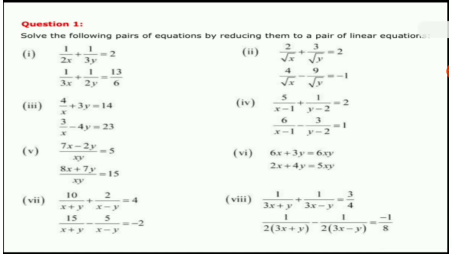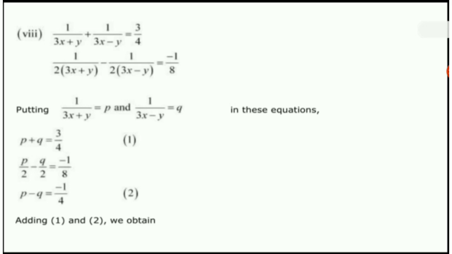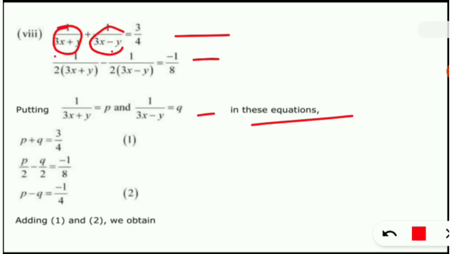Now see, these are the equations. Putting 1 by (3x plus y) equal to p and 1 by (3x minus y) equal to q in the first equation, this value is p and this value is also q, so p plus q equals 3 by 4. This is equation 1.